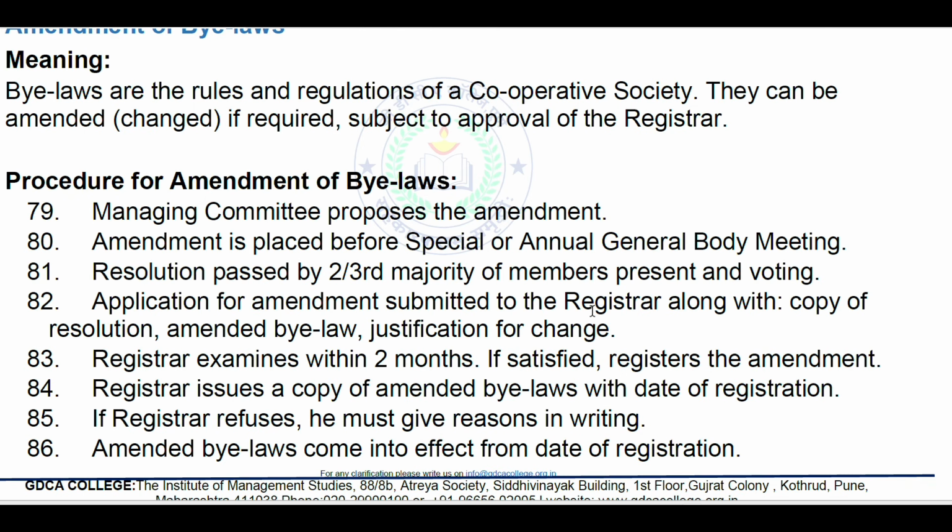If satisfied, the registrar registers the amendment and issues a copy of the amended bylaws with the date of registration. If the registrar refuses, he must give a written reason for not accepting it. Amended bylaws come into effect from the date of registration.